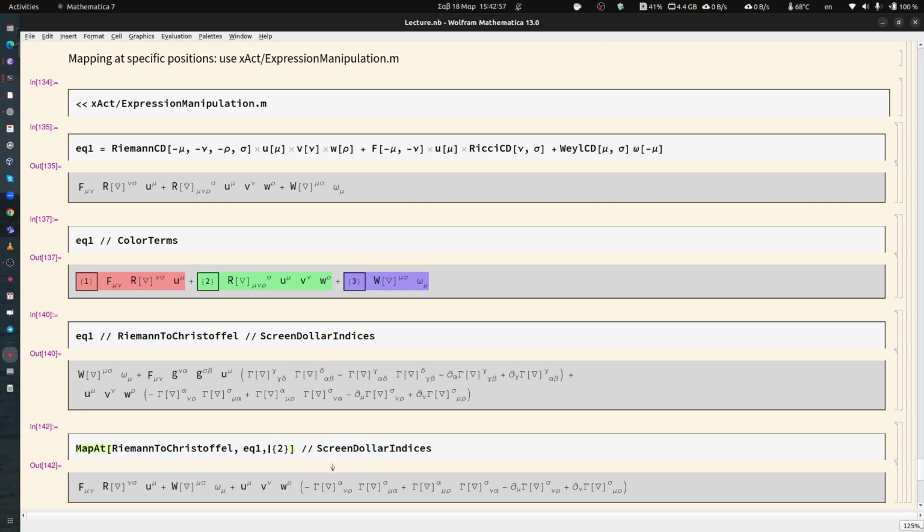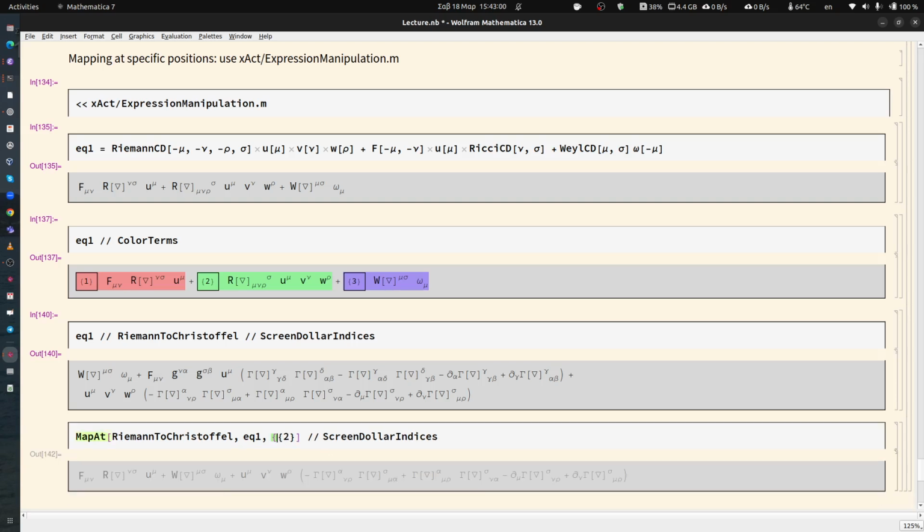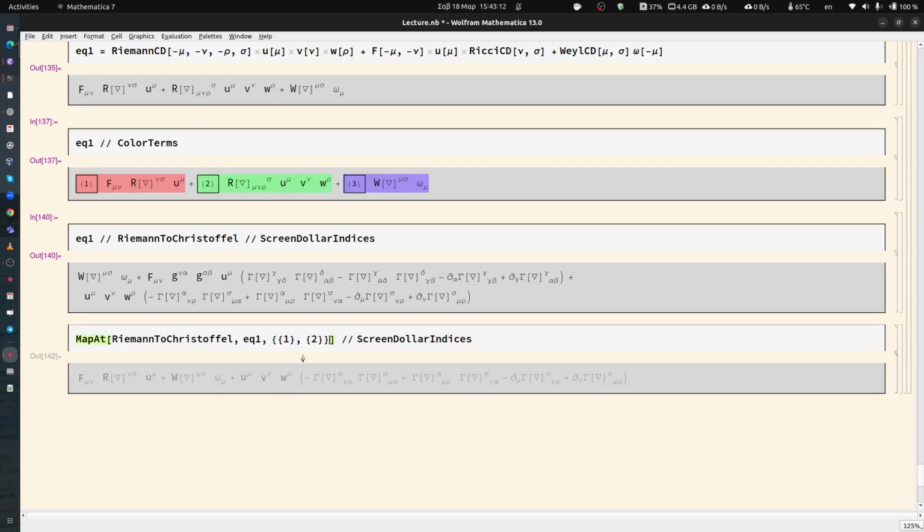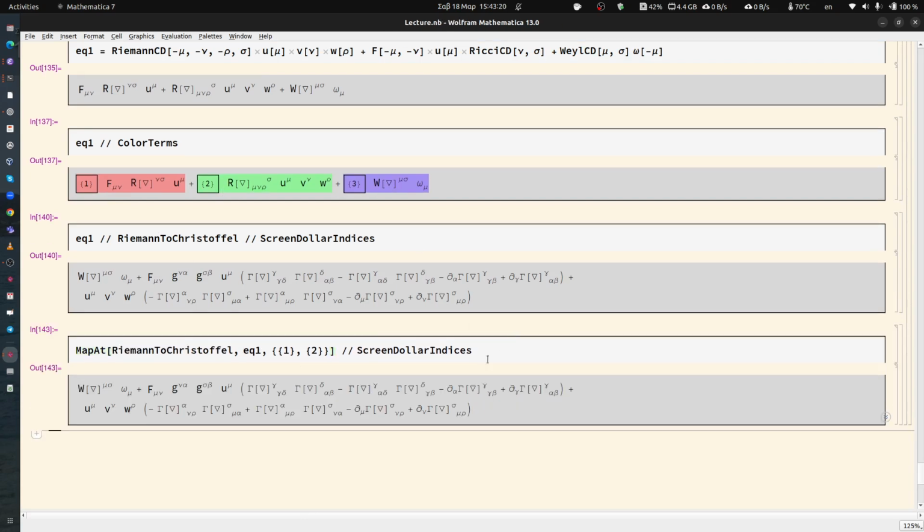Now you can apply the function to more than one term by using this syntax here. So using this syntax, we can apply this function to both terms 1 and 2, but not 3. And we obtain this expression here.